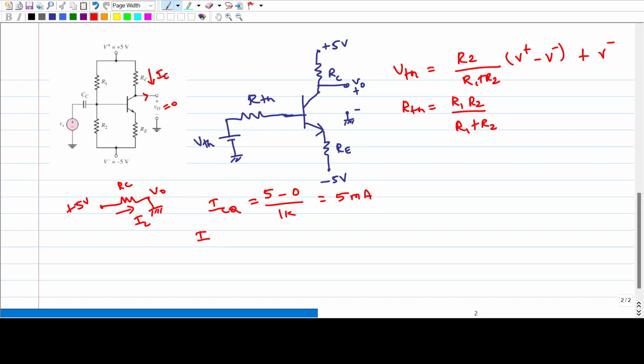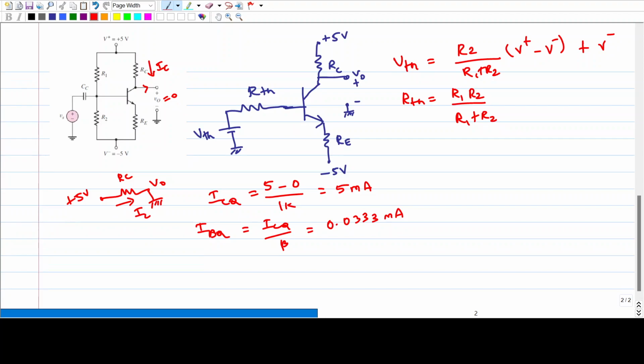From that we can calculate IBQ. IBQ equal to ICQ by beta. Beta is 150, you can substitute and we get the value 0.0333 milliamps.